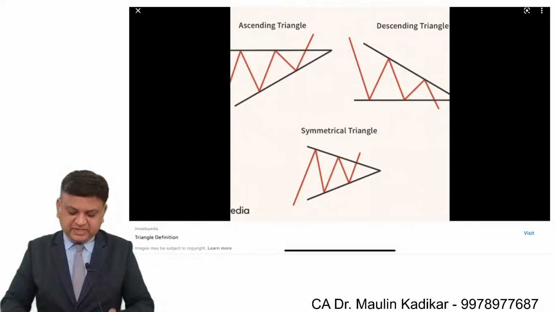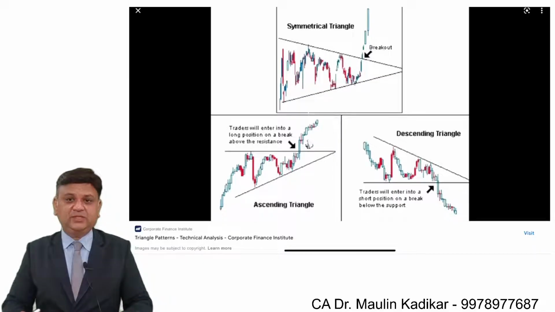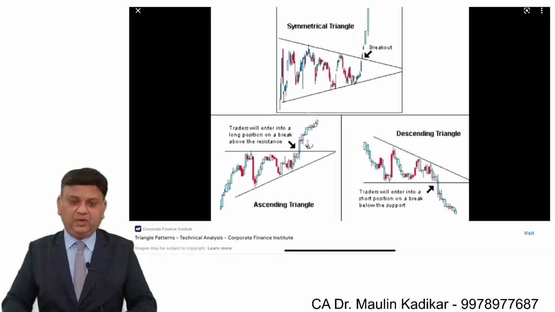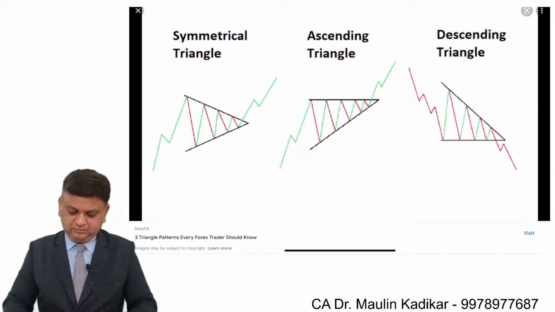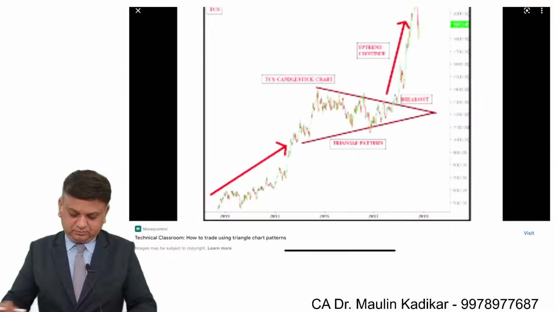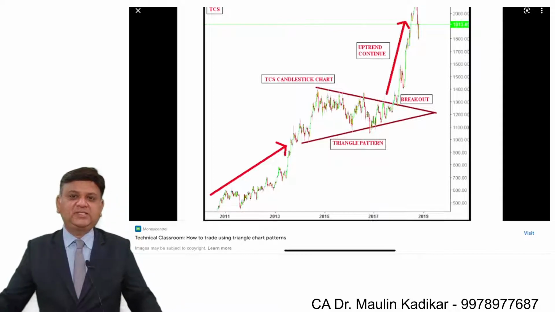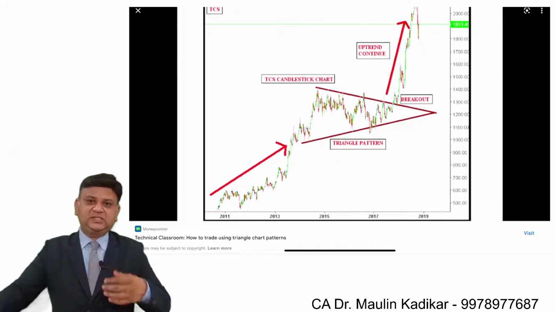Again we have ascending, descending, and symmetrical triangles. They have explained that the prices may change at any moment, that is, it may go in any direction. Breakout indicates that the kind of price changes are not there, something else is there.